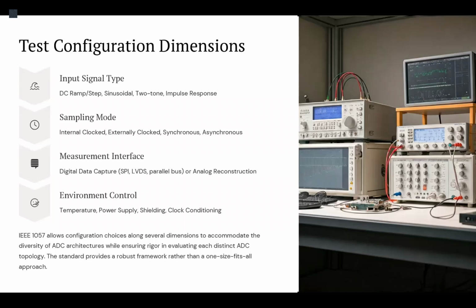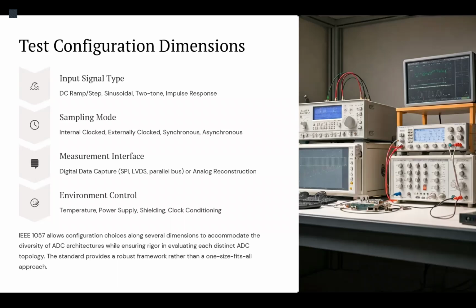Okay. Now, the fourth dimension is environmental control. It refers to how external test conditions are managed to prevent them from interfering with the result. Key factors are temperature stability, power supply regulation, electromagnetic shielding, and clock conditions. Even a small change in temperature can introduce an offset drift.